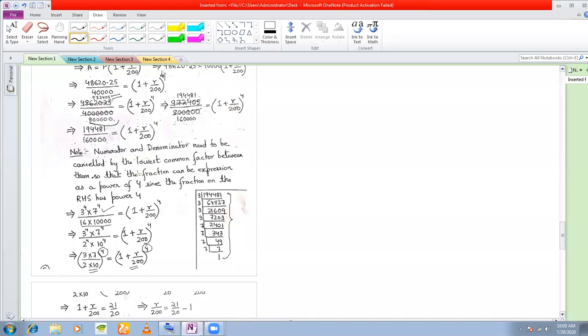And now again I check whether this is a power of 4. Or I check this to be a power of 4. Any one you can check. Once I check, I see that neither of them is a power of 4. Neither this nor this. You can check any one actually. Okay. So I cancel again with the lowest common multiple, which is 5, to get 1,60,000 or whatever.